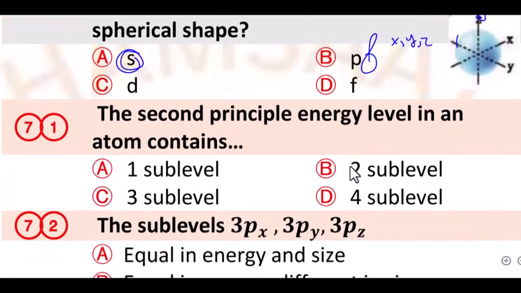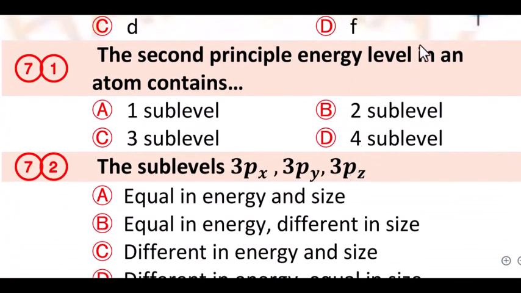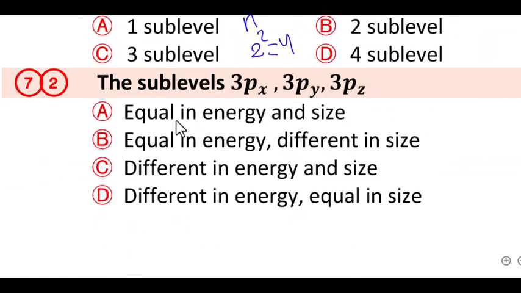The second principal energy level in an atom contains how many orbitals? Here the rule is n squared, so 2 squared equals 4. If you are asked about the number of sublevels, that is different. The sublevels 3px, 3py, 3pz, here 3, have the same energy.